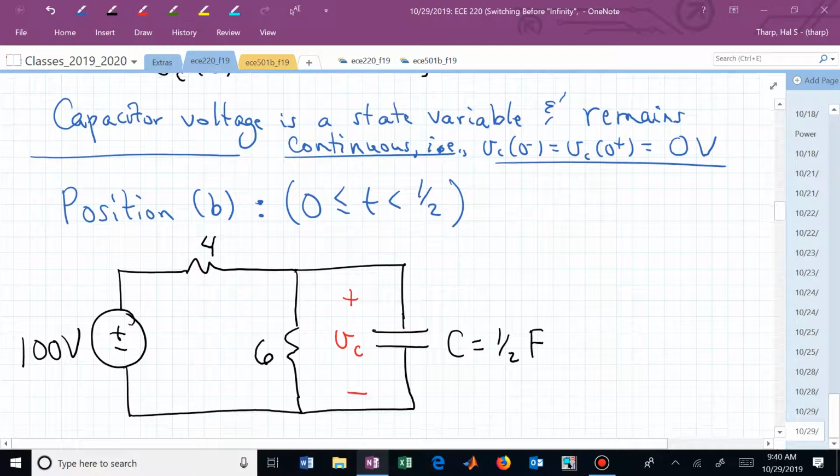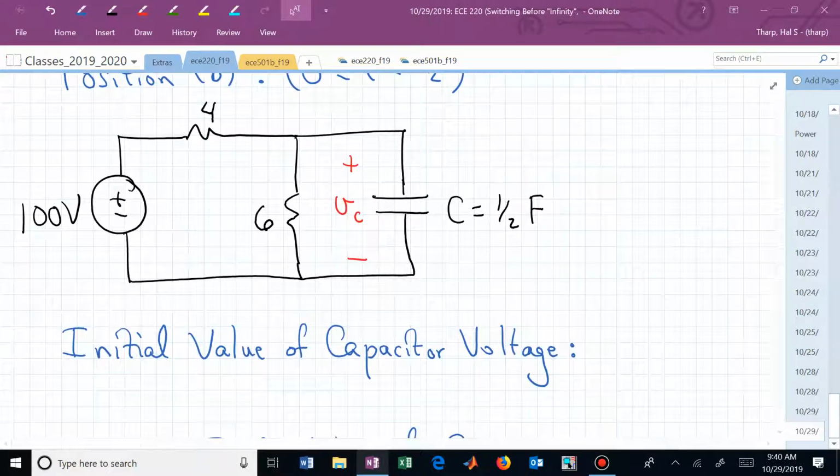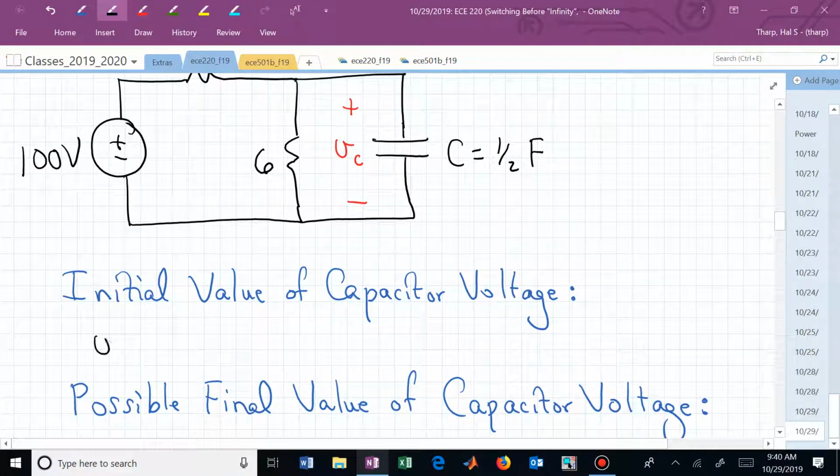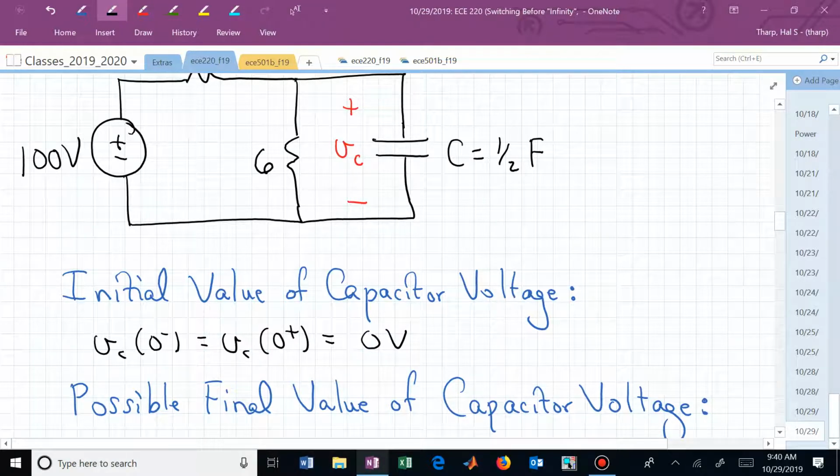I just wrote that down, didn't I? Because that's V sub c of 0 minus, which is the same as V sub c of 0 plus because of the state variable nature of the capacitor voltage, and that's 0 volts.